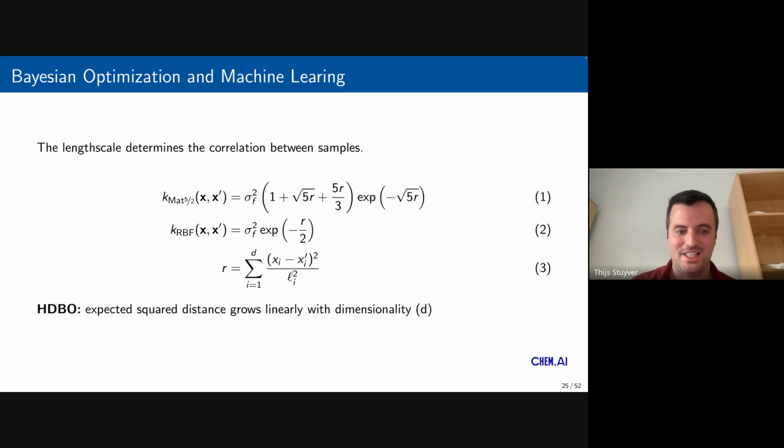It's the L, you divide by the Li, which in the beginning of your campaign, when you initialize, will be fixed at one value for all i's. And so in the beginning, you can really mess up your campaign before you even started.